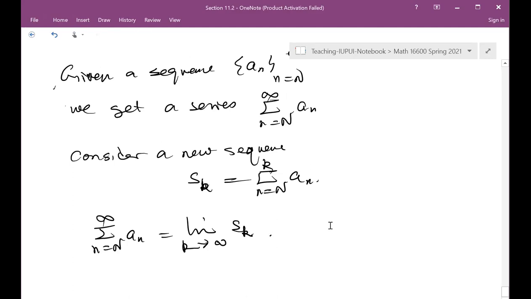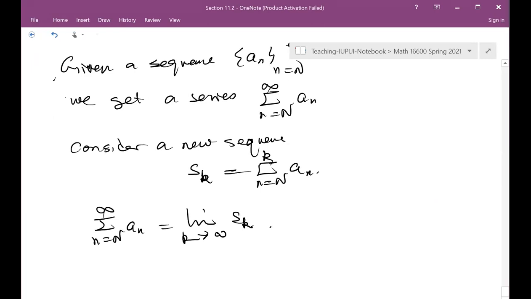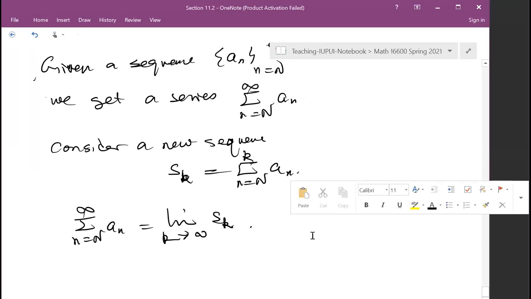By definition, the series is the limit of this sequence. Right now, to prove it is convergent, you can only use the definition. We don't have any other theorem we can use. But to prove it is divergent, we can check the nth term. Sometimes the nth term doesn't approach 0, then it's divergent.